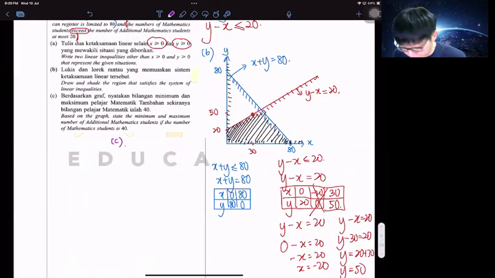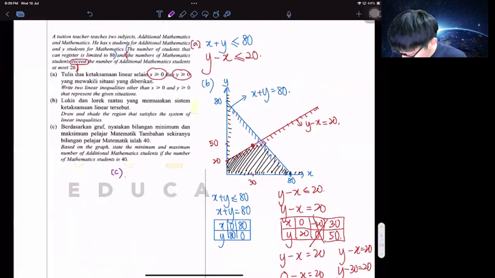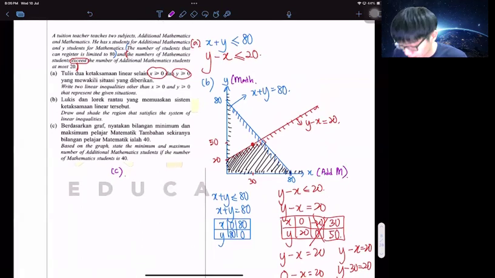Now for question C. State minimum and maximum if number of mathematics students is 40. Who was math? Okay, this was math. Now if math students is 40, I'm only estimating. Okay, I got 40 is right here. So what you do is dot, dot, dot, dot, dot until you hit that line.